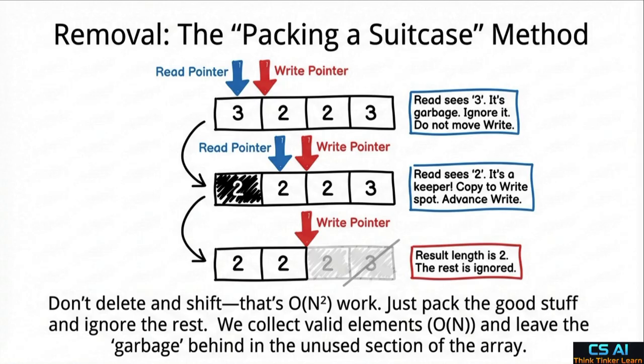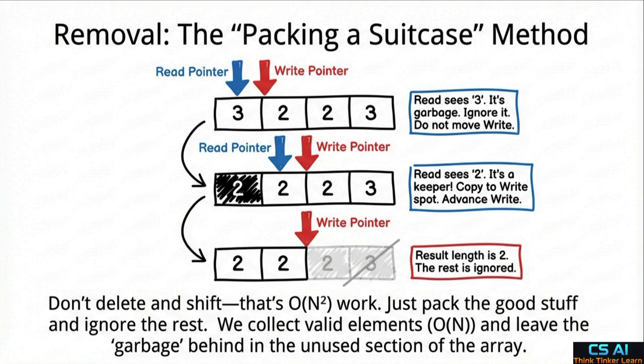Let's look at the practical application, removing elements. A junior mistake is to find an element, delete it, and shift everything else left. If you do that in a loop, you're doing O(n squared) work. It's painfully slow. Instead, use a packing a suitcase method. Look at the example. We want to remove all threes. The read pointer sees a 3, that's garbage. We ignore it and don't move the write pointer yet.